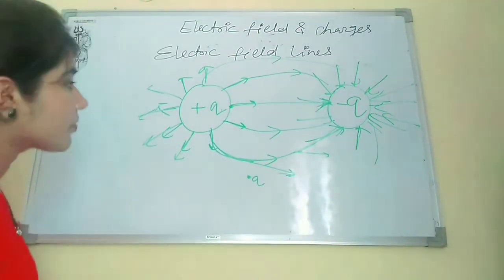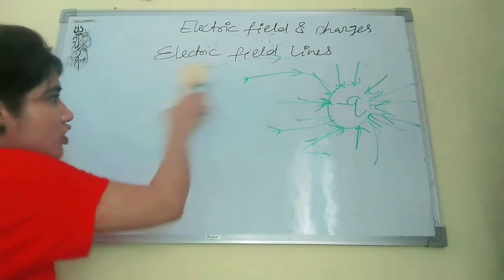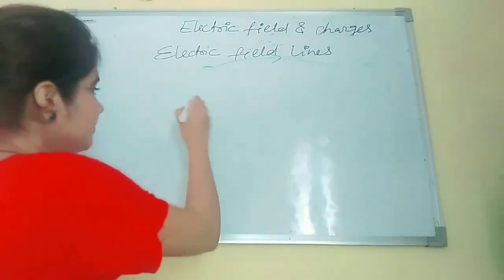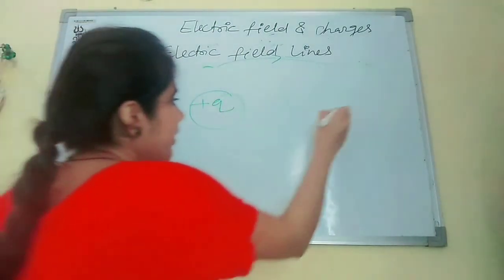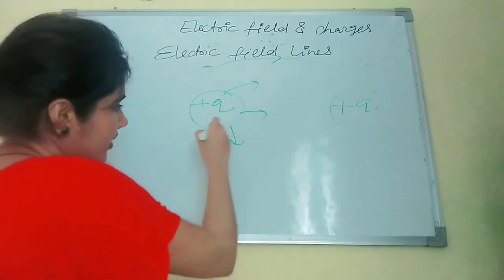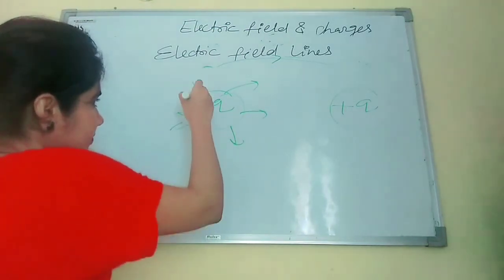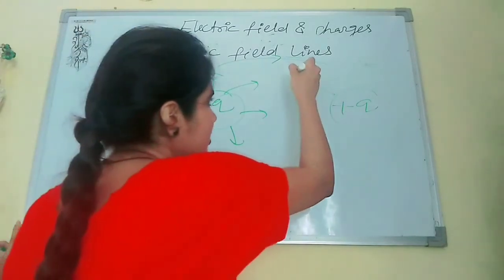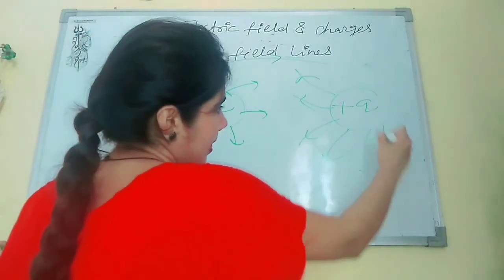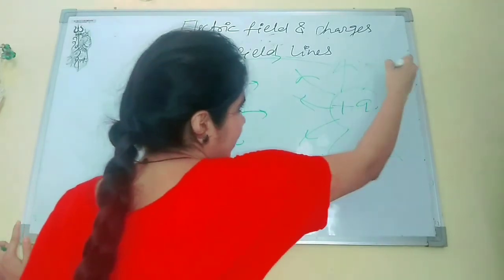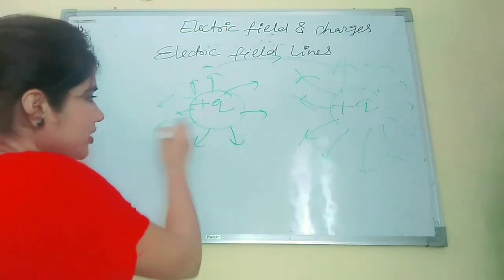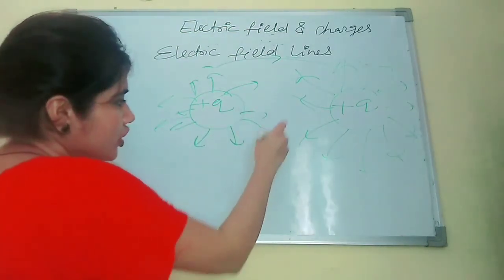Suppose we are putting both positive charges in the region, how will it appear? This is positive q and this is also positive q. Again it will be outward radiated like this. Both charges will appear like this, and they will put some pressure on each other.